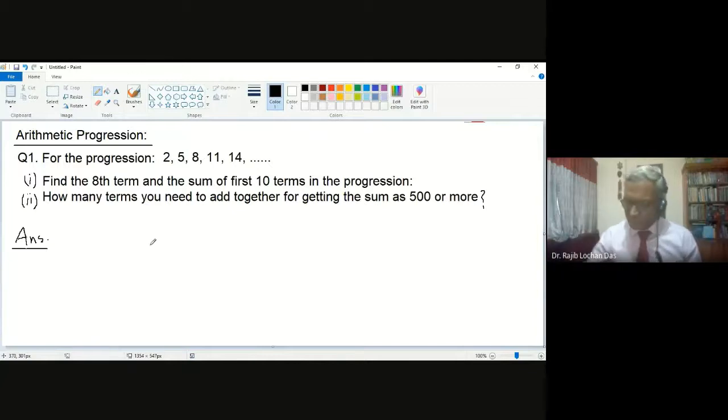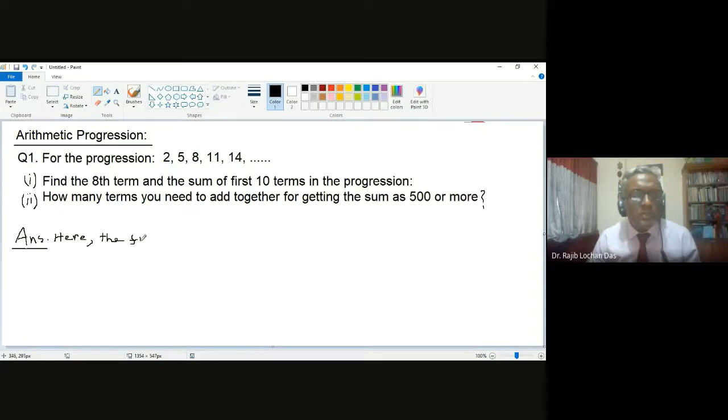So let me just show you how you should write. In the given sequence, a equal to 2. The first term is 2. Let me write first term so that you will understand later.